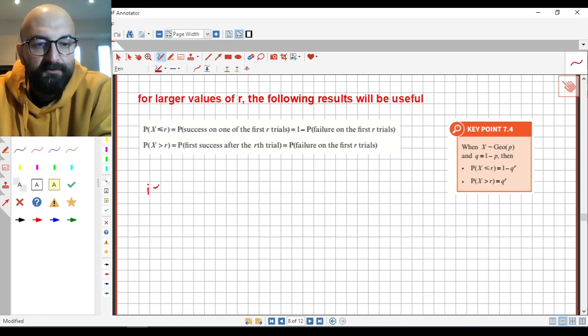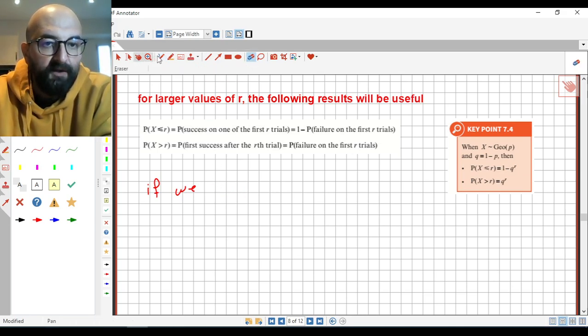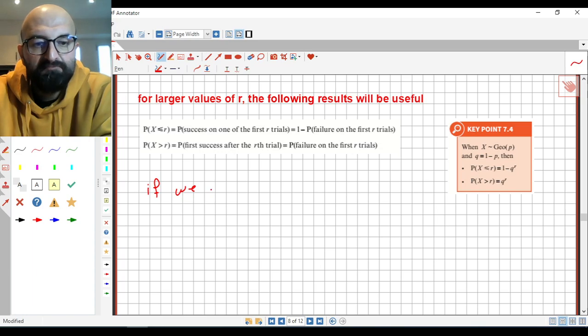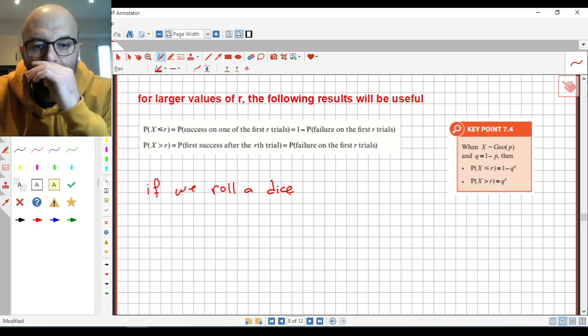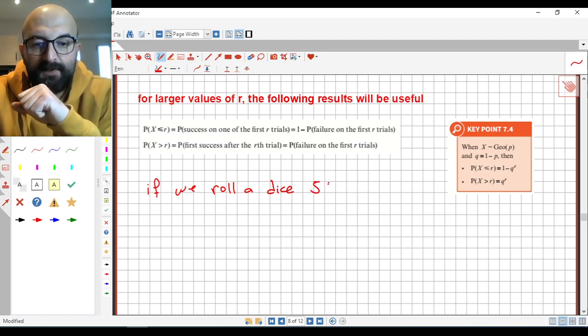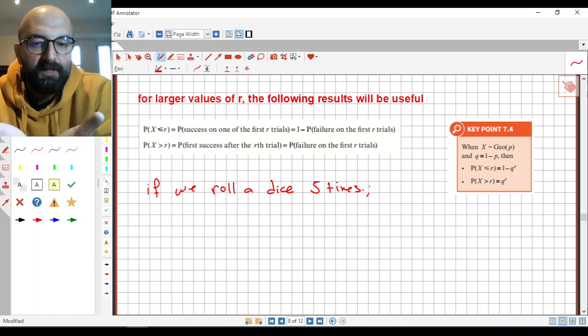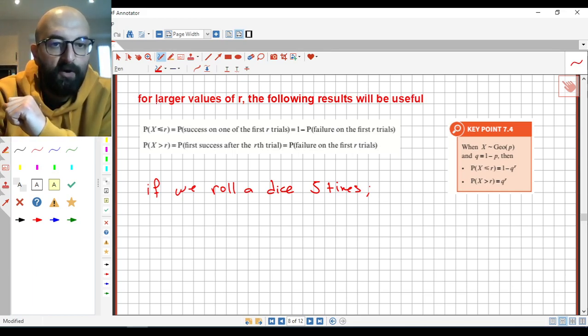If we roll a dice 5 times, we might come across the situation, okay.